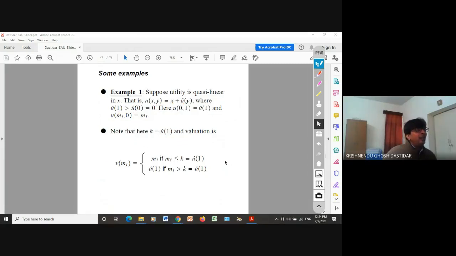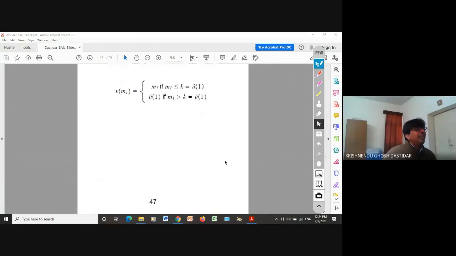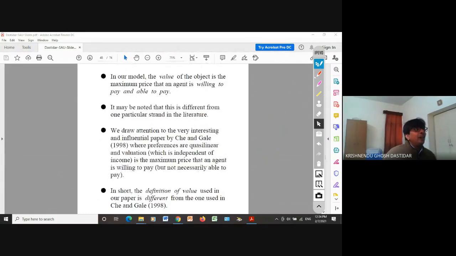Now, let me go over to some other points. In our model, the value of the object is the maximum price that an agent is willing to pay and able to pay for it, because we are maximizing utility subject to budget constraints. Now, it may be noted this is different from one particular strand in the literature.